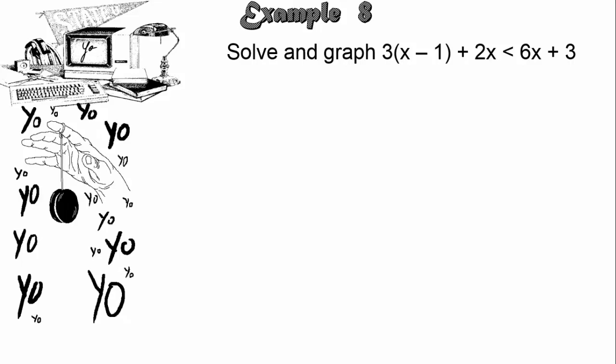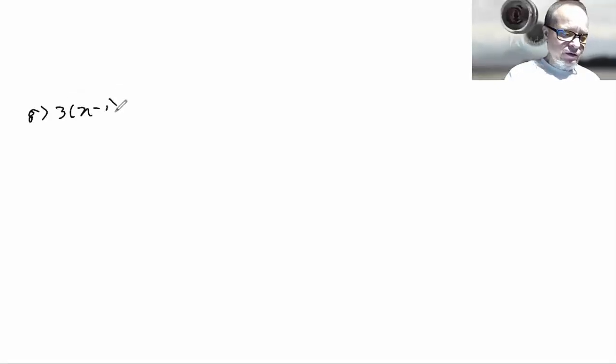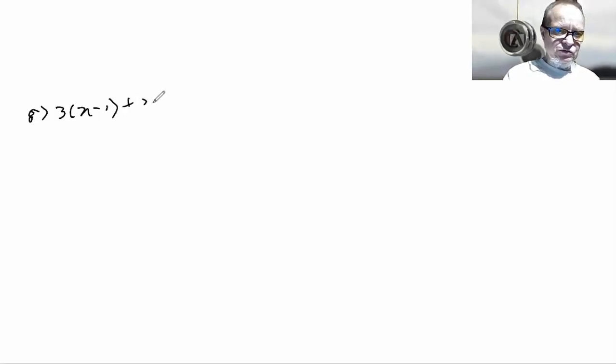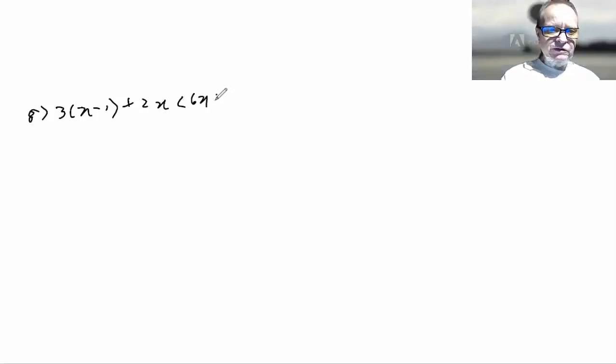So let us go over to the whiteboard and work this one out. In example number 8, we have 3x minus 1 plus 2x is less than 6x plus 3.